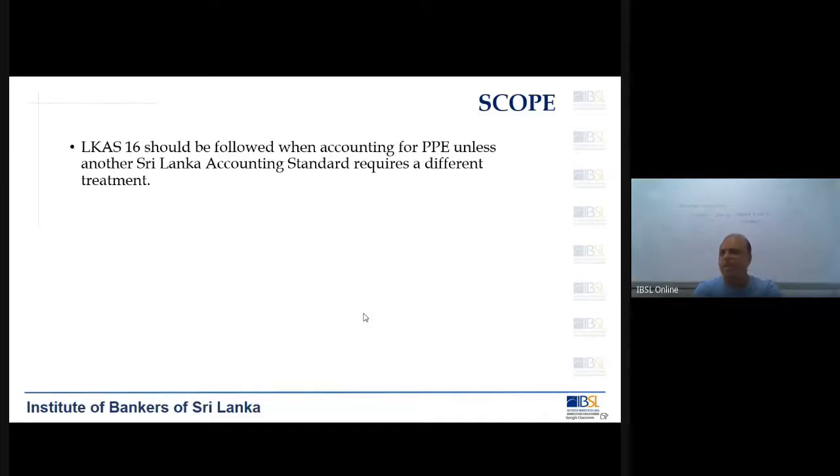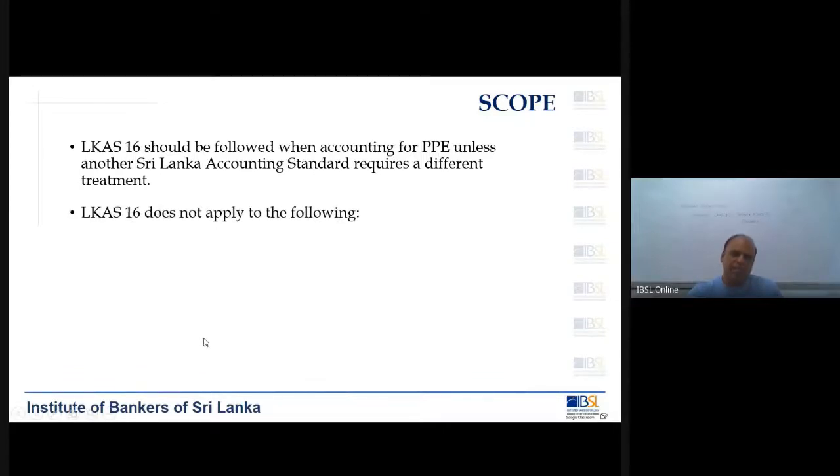I'm just saying that if you have chairs being used in your business, that will be covered by LKAS 21. Which means your tables will be covered by LKAS 16. You should not be using LKAS 16 for the chairs that you are using. So what does it mean? LKAS 16 should be followed when accounting for PPE unless another Sri Lanka accounting standard requires a different treatment.